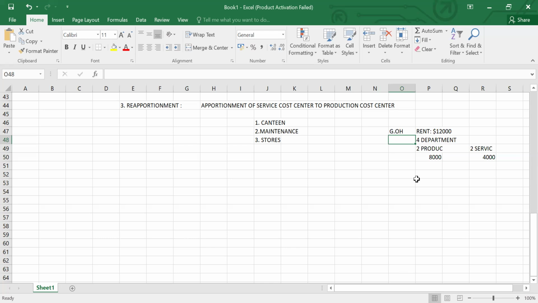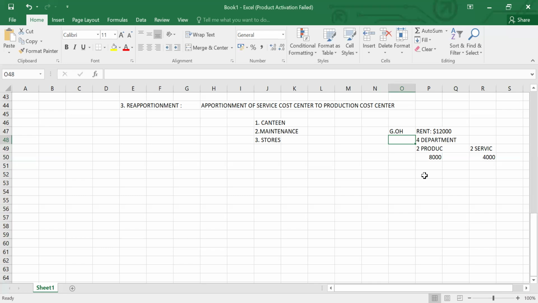After this step, what happens? Service centers will get some cost, but service centers are not doing service of their own. They are actually helping the production cost centers, right? So by law and by common sense, obviously the cost that a service cost center is incurring should be charged to production cost centers, right?